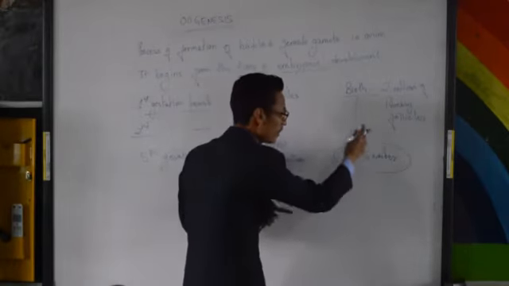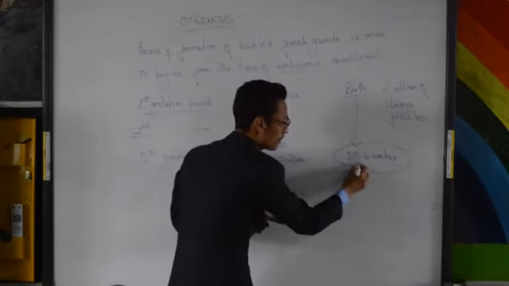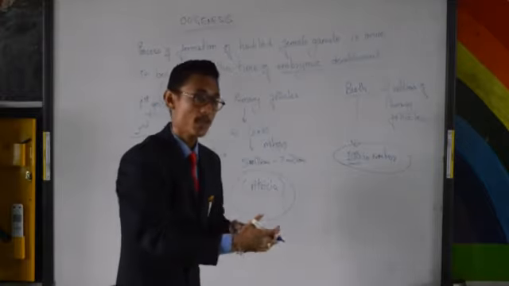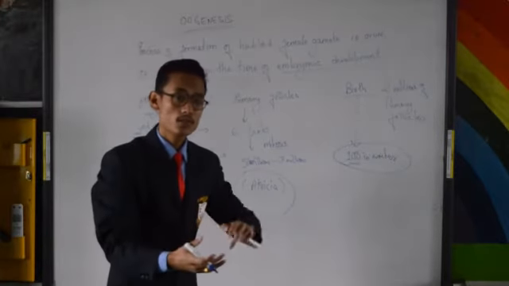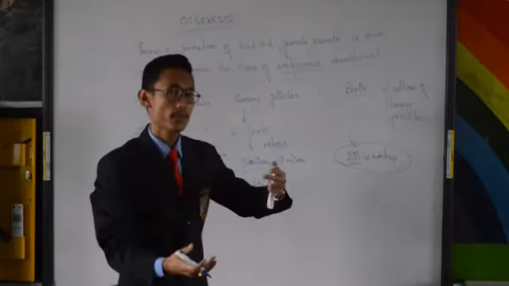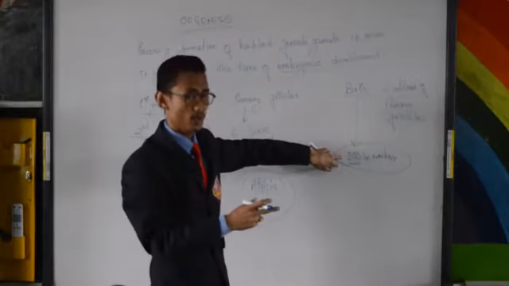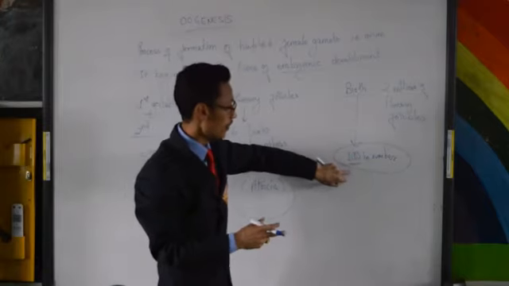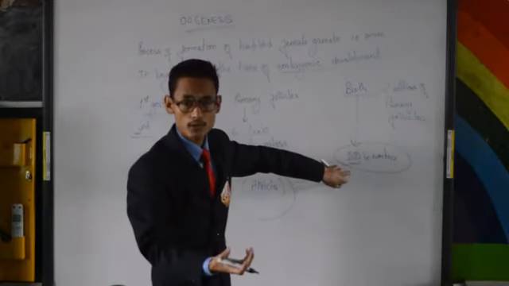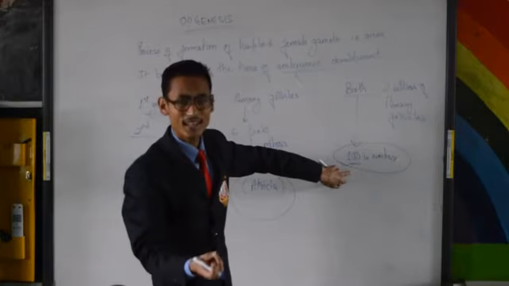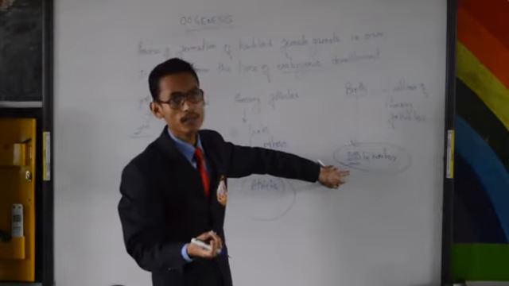That means after the birth of the female child, this number of follicles will not be increased because follicular formation will not occur after birth. Whatever may be the number of follicles before the birth, it will be there, and from this number of follicles there will be the formation of ovum. So not a single follicle will be added after the birth of the female child.